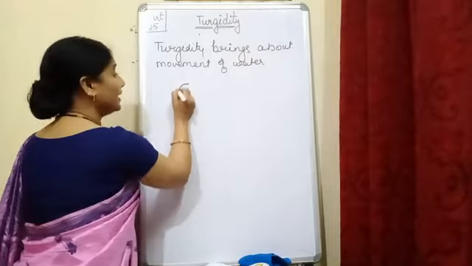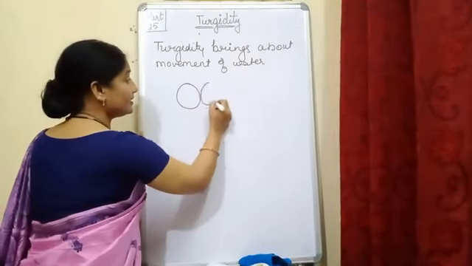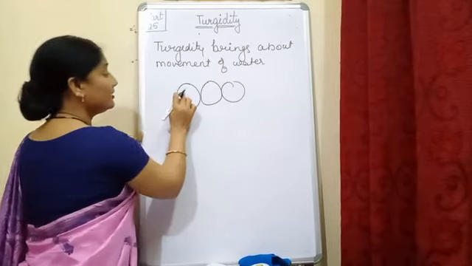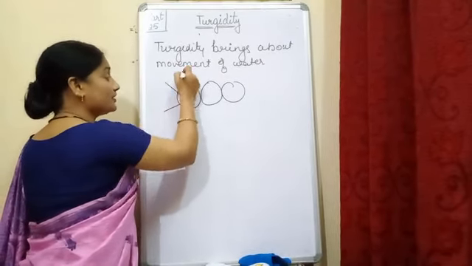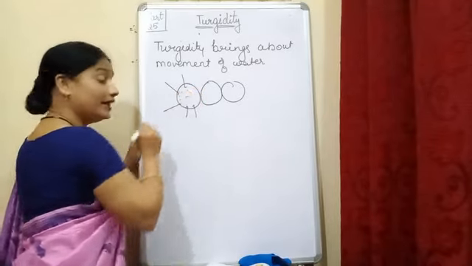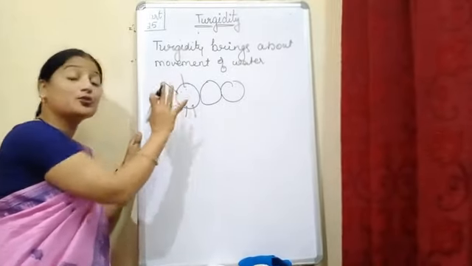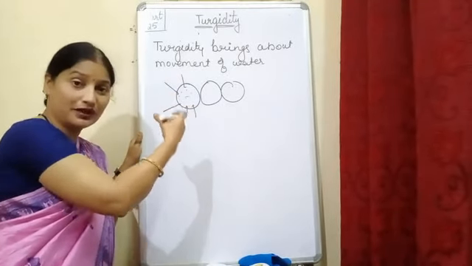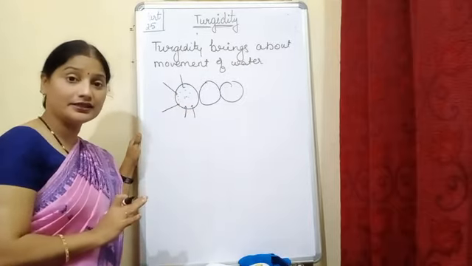As we all know, in case of root hairs, suppose these are the cells and this cell has absorbed water from the surrounding by the process of endosmosis, and water has already moved in. Now because of the presence of the water, the cell will swell up, because it will gain maximum water, and the condition is called turgidity.